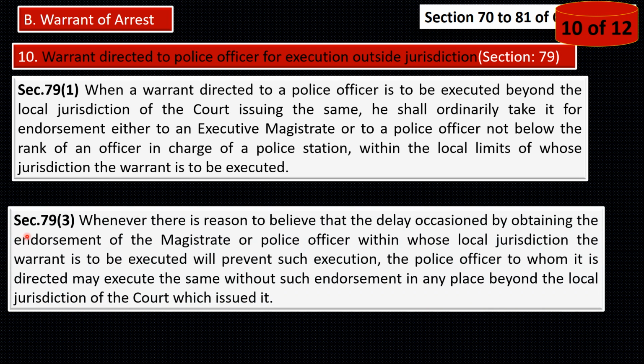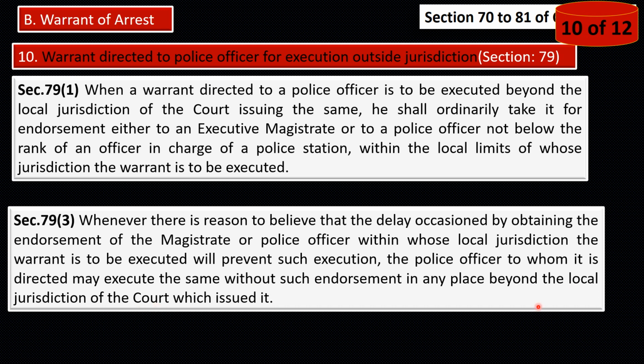It says, whenever there is reason to believe that the delay occasioned by obtaining the endorsement of the magistrate or police officer within whose local jurisdiction the warrant is to be executed will prevent such execution, the police officer to whom it is directed may execute the same without such endorsement in any place beyond the local jurisdiction of the court which issued it.